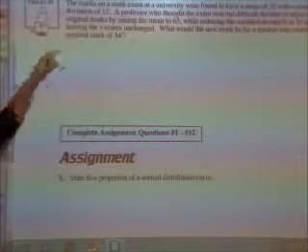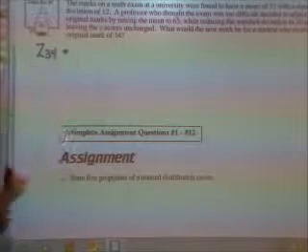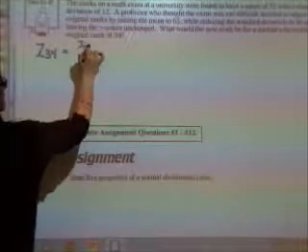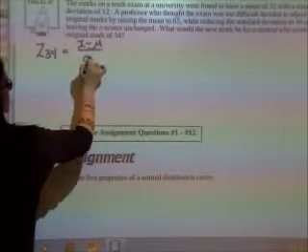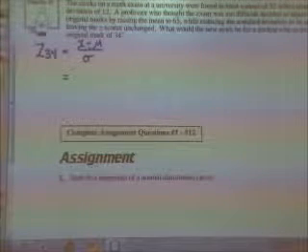So the first step is I need to find out what the z-score of a mark of 34 was on the original exam. So that's my x minus mu divided by sigma. I'm going to give you a moment, and I want you to use the original marks, the original mean, the original standard deviation to determine the original z-score.